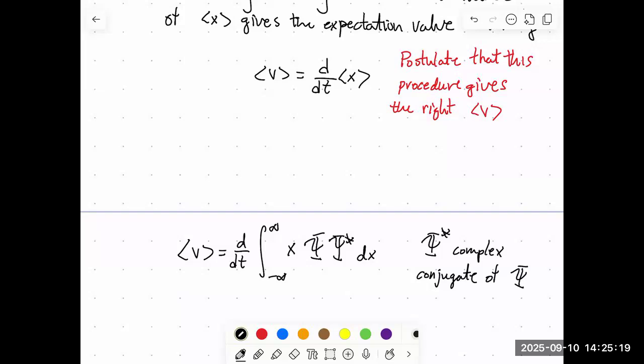Before we actually do this derivative, let me just emphasize that this x is not a time-dependent position of our particle. It is an integration variable that we're going to integrate over all space. So when we take this derivative, it acts on these two factors, not on the x, which is like a dummy integration variable.